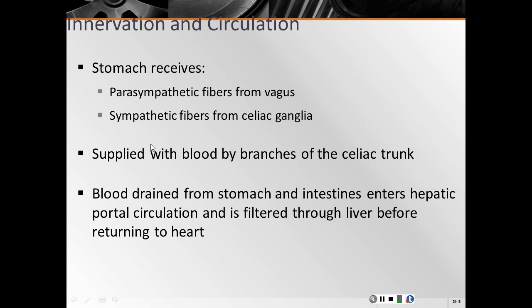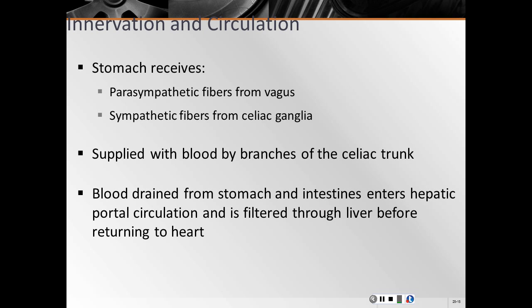Alright, so let's look at how the stomach works overall. Yes, it does have secretion of various acid to help with digestion of the food. But where are these signals coming from? So that's what we're going to look at. We're going to look at the innervation and the circulation of the stomach.